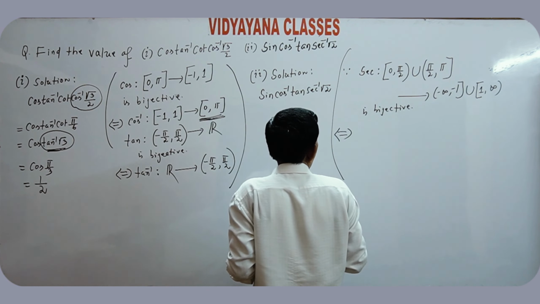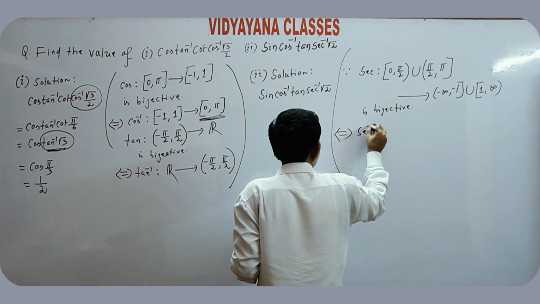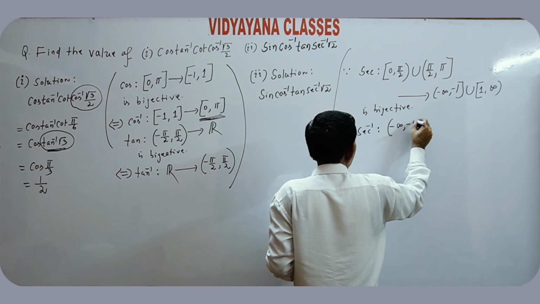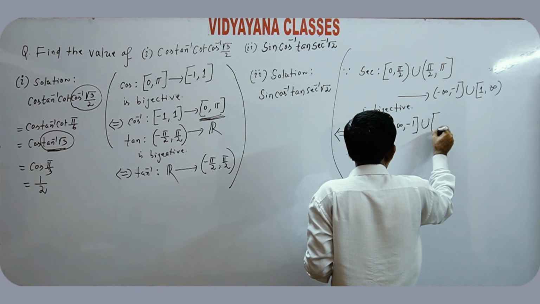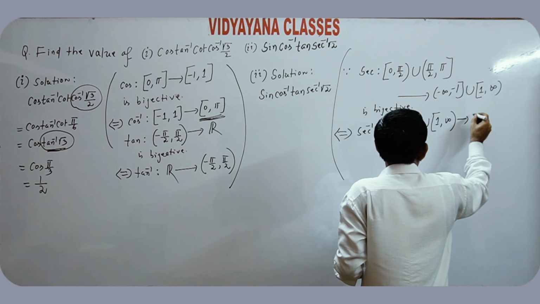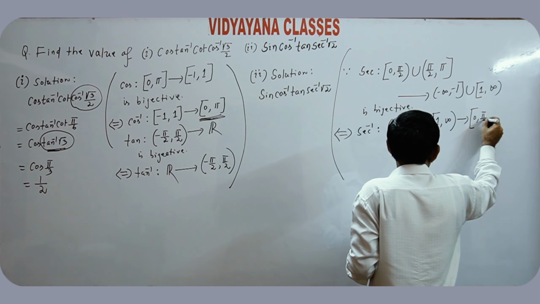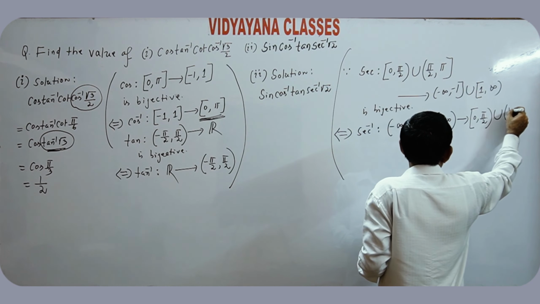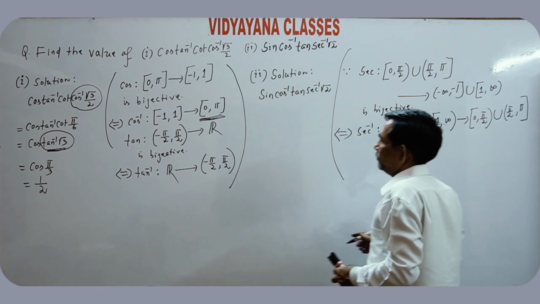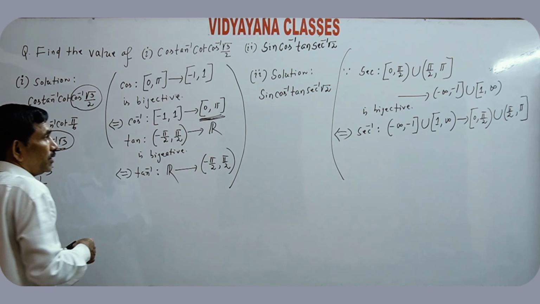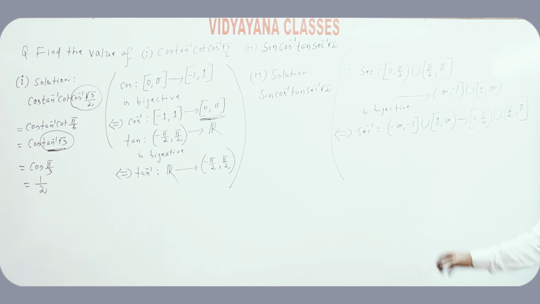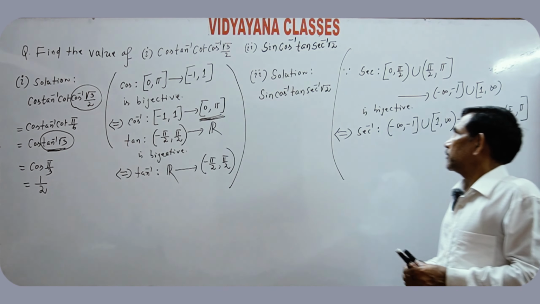So sec inverse exists, defined from minus infinity to minus 1 closed, union 1 to infinity, to 0 to pi by 2 union pi by 2 to pi. Clear? Sec inverse root 2 is what we need.